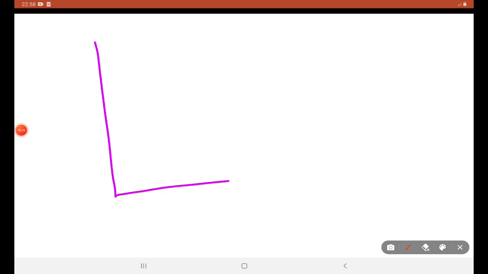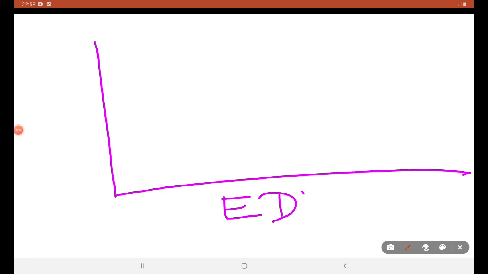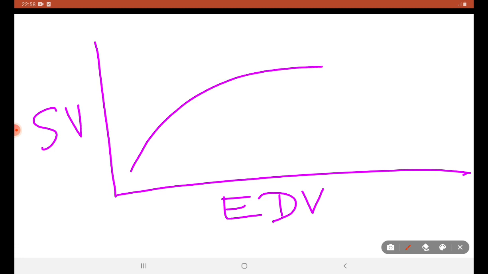So what is said is the relationship between ventricular end diastolic volume and stroke volume. We have a graph that signifies that this part of the graph shows maximum capacity to provide stroke volume.